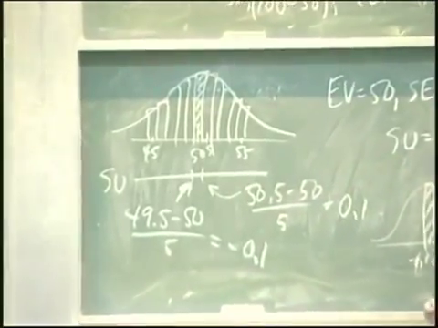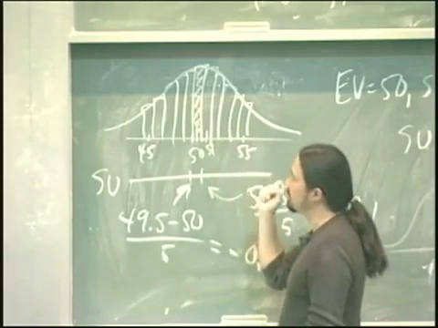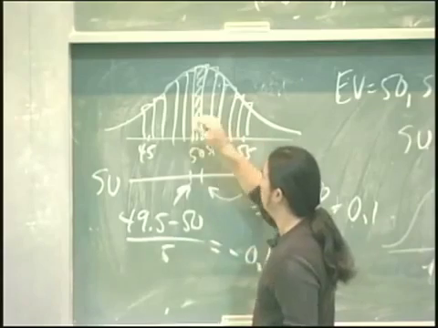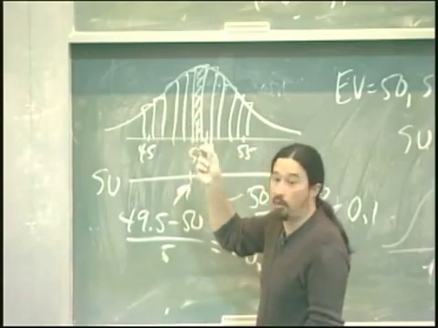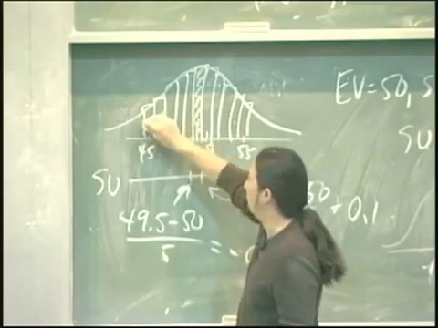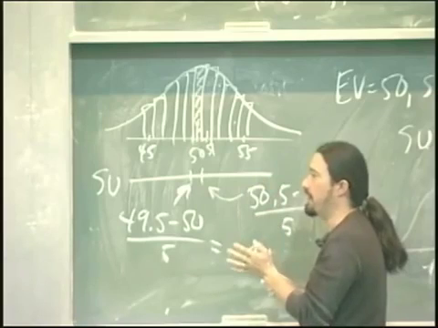If I say 45 to 55 heads, there are a bunch of bars, and if I don't say the word inclusive, it's unclear exactly which bars I want. I might want the bars from 46 to 54, or I might want to include the bars over 45 and 55. A little bit vague, okay?